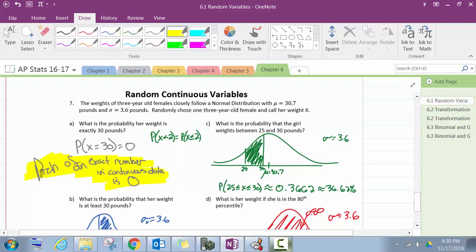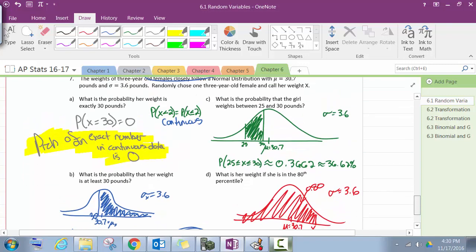Exactly 30 pounds, not 30.01 or 30.1. With continuous, you can't be sure. So it's 0, always. What that means is the probability of x being less than 2 is the same as the probability of x being less than or equal to 2 in continuous data. With discrete data, that's not the case, but this is continuous.